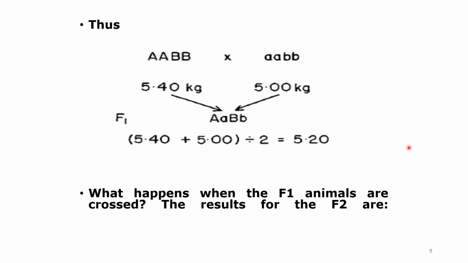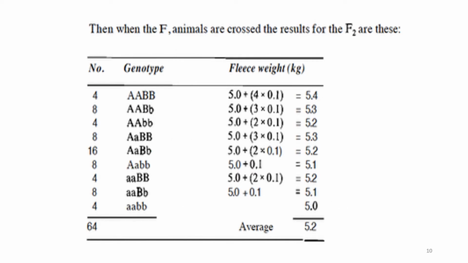So we want to know what happens when these F1 progenies were crossed together. And the result for the F2 generation are these. So these are the genotypes that were obtained. And if you now factor in the contribution of the capital A and the capital B genes, which is 0.1, all animals with this genotype, we have 4 times 0.1, which means 5.4.